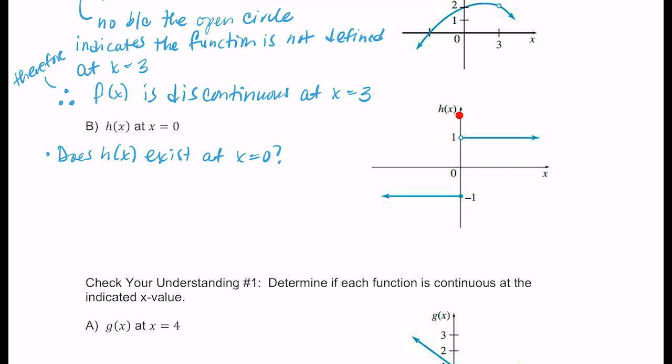And we know that it does exist here where it's a closed circle at -1. So that's a yes, and it's -1. So then we want to go to our next step in the test, which is we want to check to see if the limit exists at x equals 0.